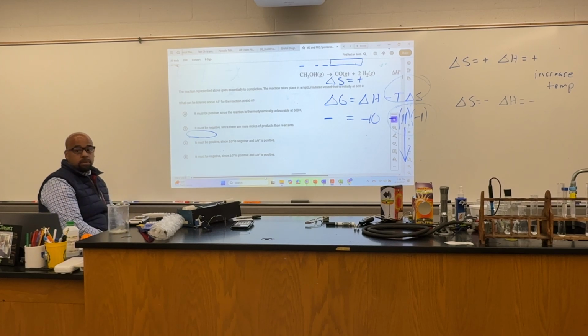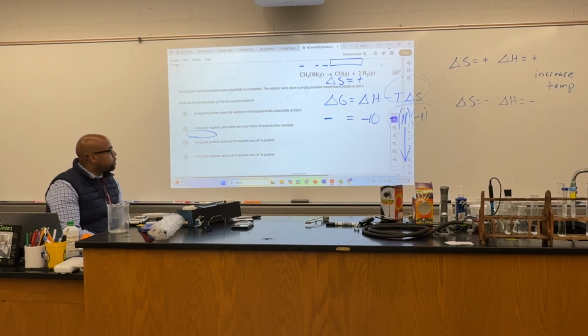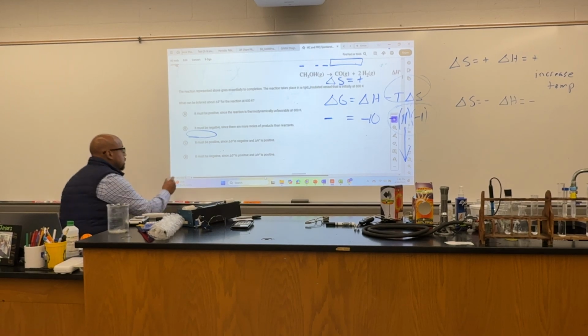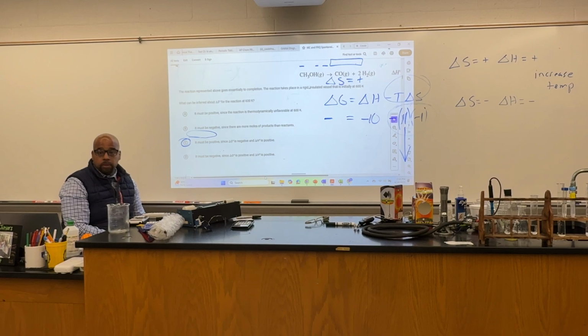Delta S must be positive, doesn't it? Because I need it to be positive so it can actually outweigh and beat out the fact that the delta H happens to be positive as well. So it would be C? So in this case, it must be positive since delta G is negative and delta H is positive. Absolutely, it's going to be C as being the answer. Everybody okay with that one?